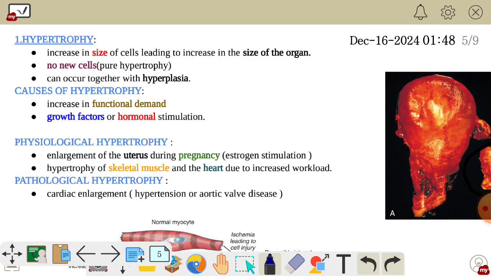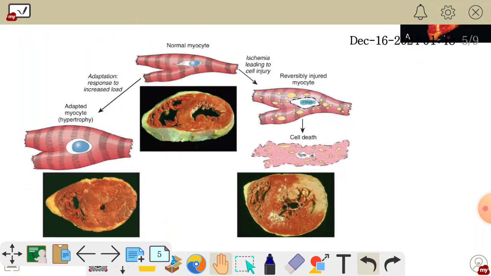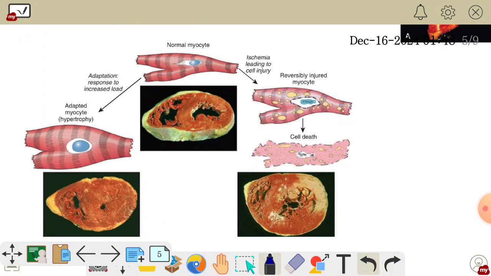Okay, so as shown in this diagram here, we have a normal myocyte, that is the cell of the cardiac muscle. So during adaptation, in response to increased load, they will be hypertrophied, so they will become big in size, and then the heart will be observed as shown in this diagram here.